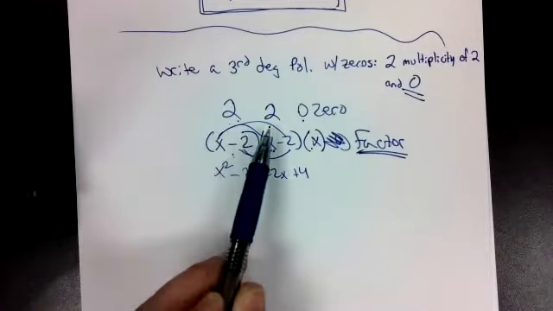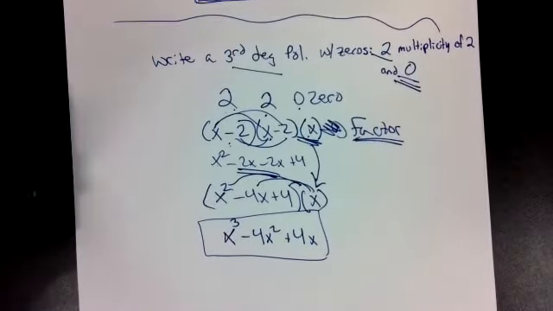Again, combine, so x squared minus 4x plus 4. And again, we've got that other x. So if we distribute it, we're left with x cubed minus 4x squared plus 4x. So that would be my third degree polynomial that would yield the following zeros.